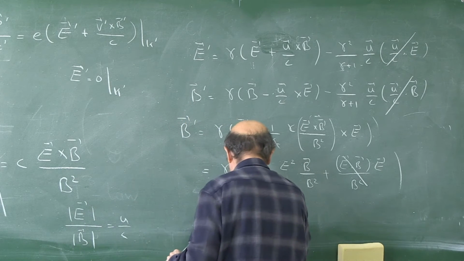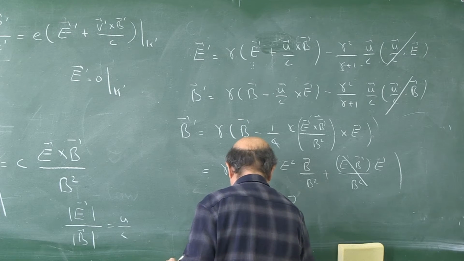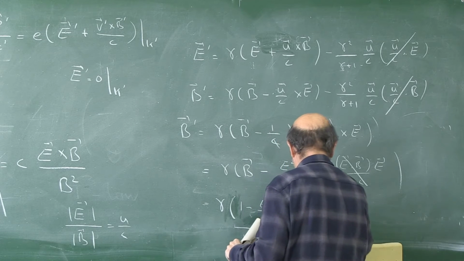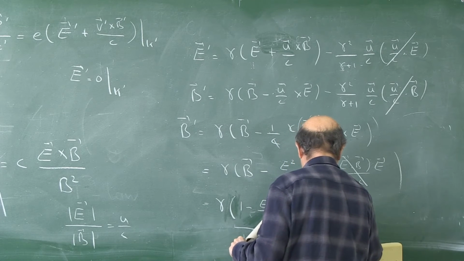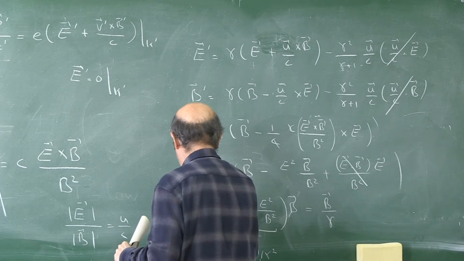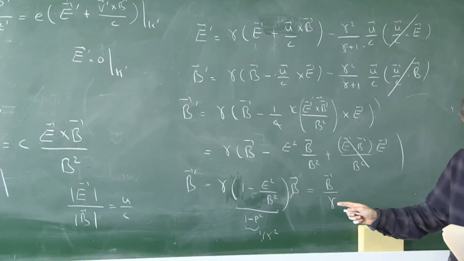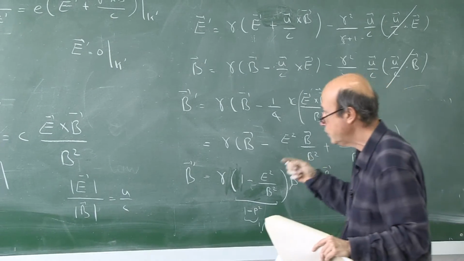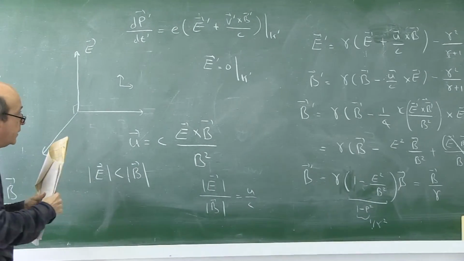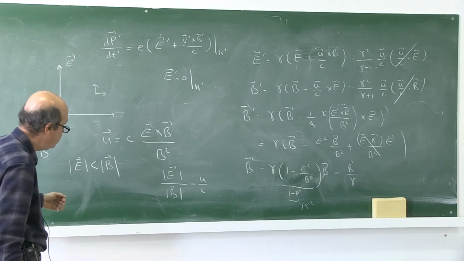So this term is B over gamma. In this new frame, the magnetic field seen is reduced by a gamma factor. And basically, you don't have to solve the equation of motion for the Lorentz force.